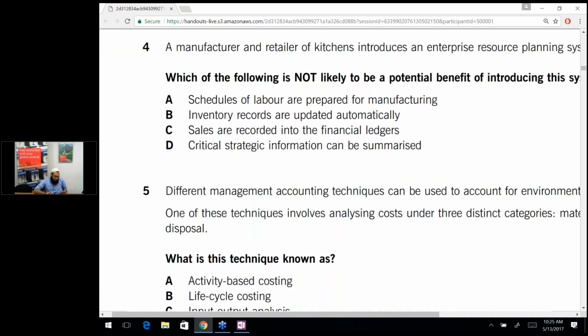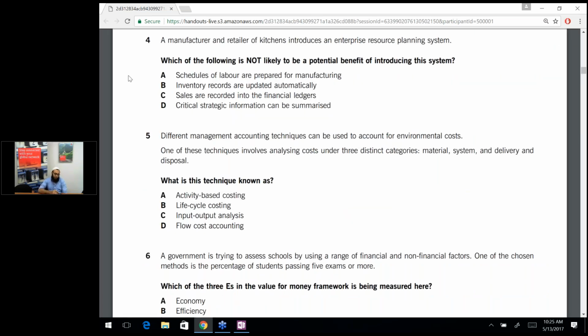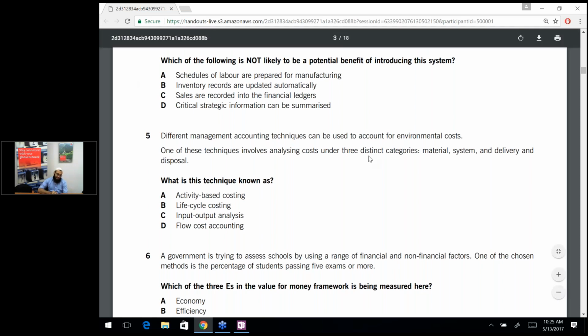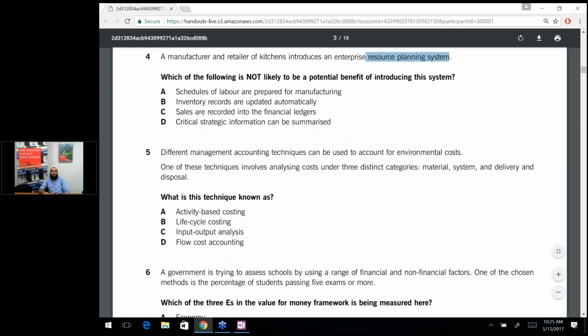A manufacturer of kitchen items introduces ERP, Enterprise Resource Planning System. Now ERPs are basically integrated software that integrate the entire organization's areas.